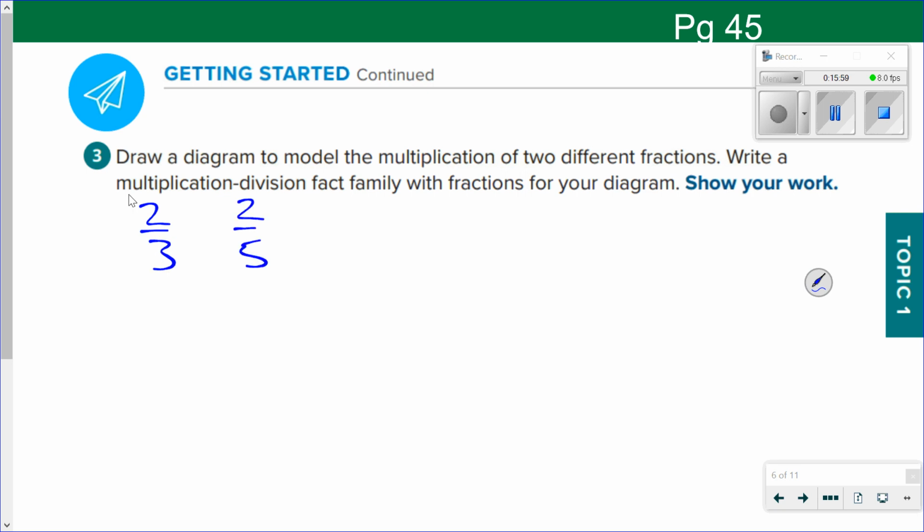So using those two fractions, see if you can draw a model and then write a multiplication division fact family, in other words, 4 of them, using those numbers. So if you use these, you should be able to get the answer of what it is. Then you can use the answer to write your multiplication and division facts. So you may work together as a table. We will give you guys 6 minutes. Go.